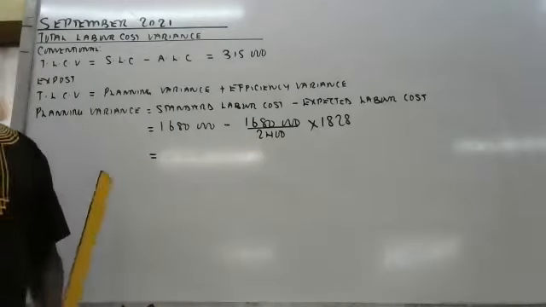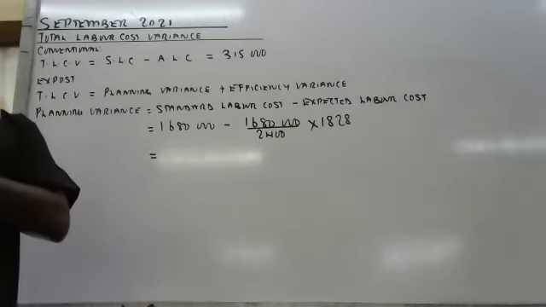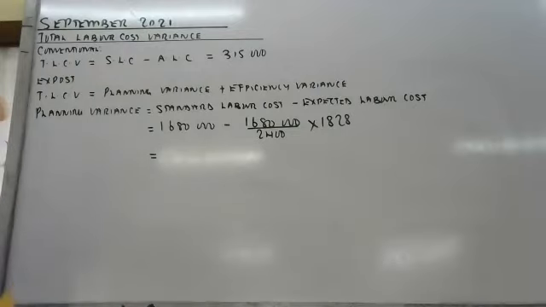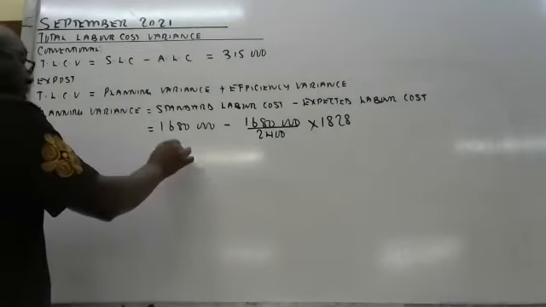So give me that. How much? 400, 400. Favorable or adverse?